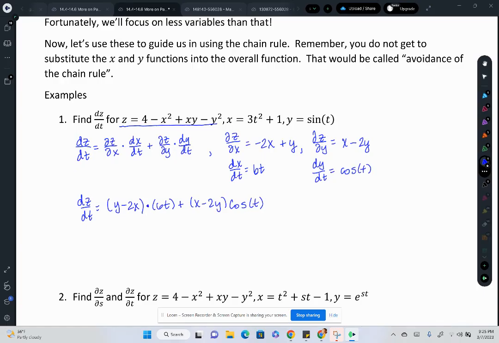Technically, dz/dt is telling you this is a function of t, so we should be all the way into t's, but it is not necessary.